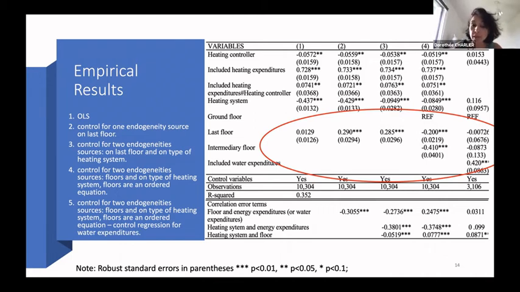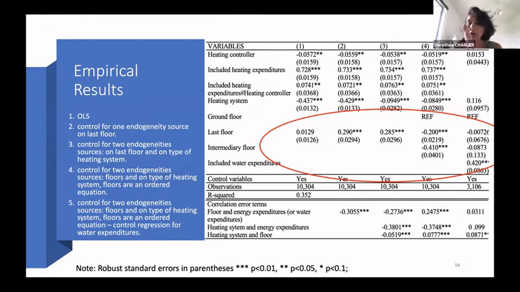And if you live on an intermediary floor compared to a ground floor, energy expenditures are 41% lower. So there is a significant impact of the floors and, in consequence, of heating externalities on energy expenditures.